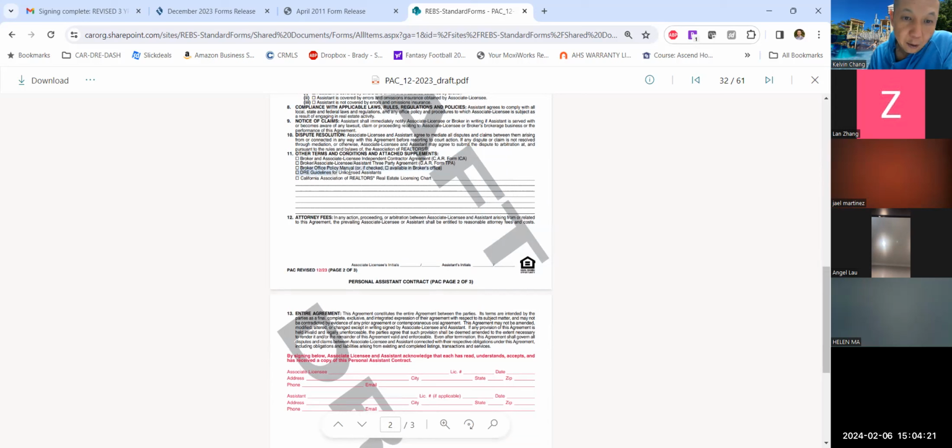There is a broker's office policy manual, and this is available in the broker's office. I do have a hard copy and a soft copy electronically in our Team Dynasty resources page. Dynasty Agent Resources is all there. And there's guidelines for unlicensed assistants. Check those boxes so that you make sure the staff and you have read it.